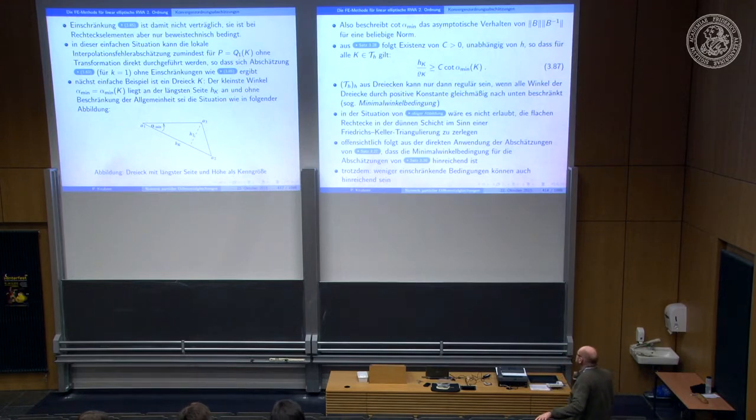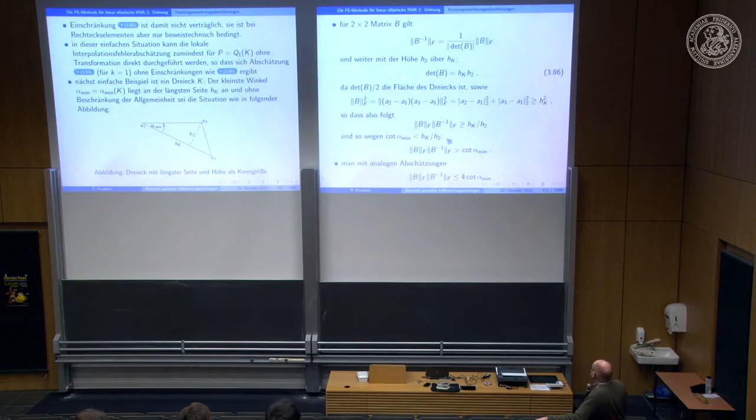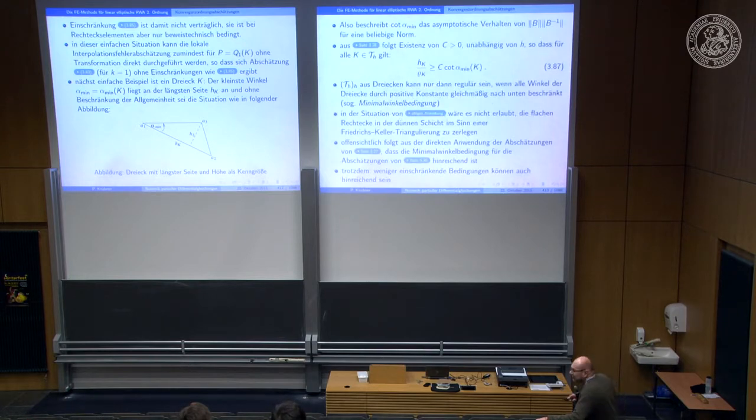And because for this term we have the upper bound with this quotient of hk by rho k, we see if we have shape regularity, then the cotangent bound is a consequence, but the more precise requirement is the cotangent bound, and we cannot get rid of that. If we want to bound this product, we have to bound the cotangent. That means we have to have a uniform lower bound for the minimal angle. And therefore, this requirement in this situation is also called the minimal angle condition.